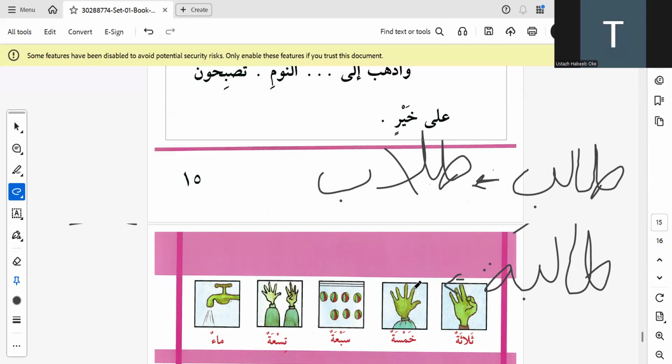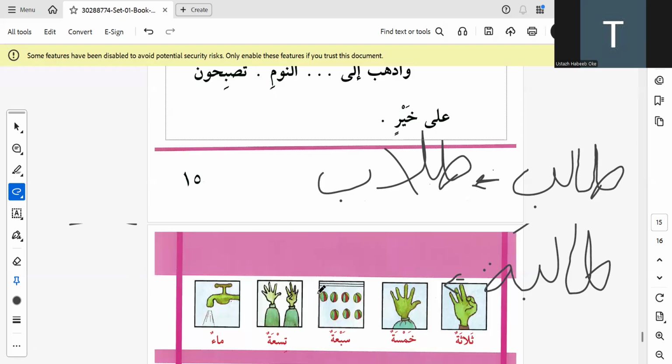For feminine, you say طالبات. Did you understand the lesson about the formation of plurals, sound masculine and sound feminine plural? Were you there when we had the lesson? Okay, but you don't understand it.